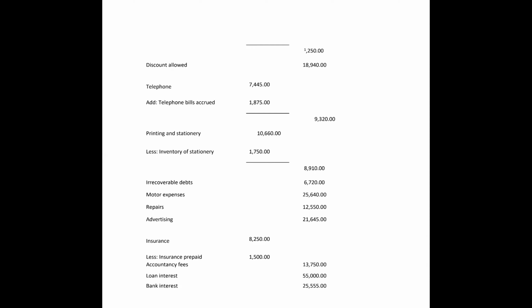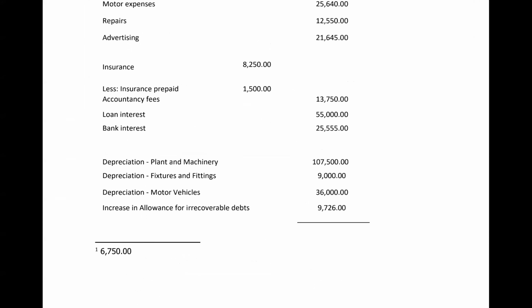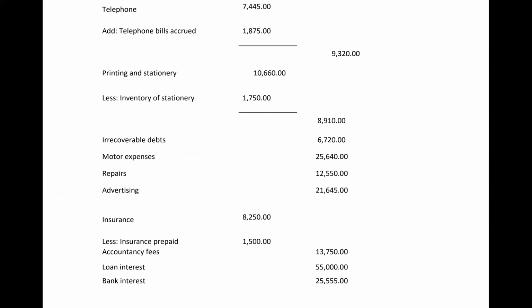You understand that is stationery. So you should less that. You're following, right? Under printing and stationery, we had some inventory that had remained under adjustment. There was that adjustment that you needed to consider, and you have considered.